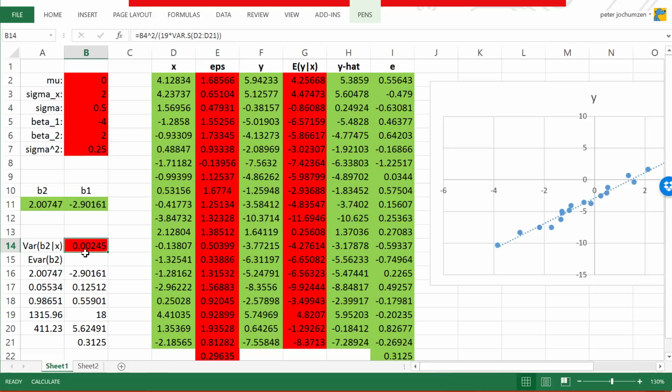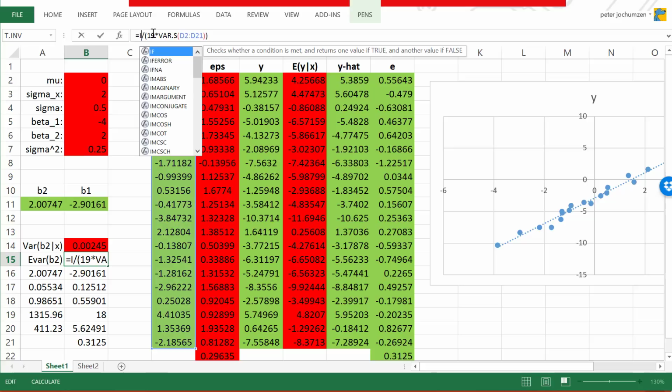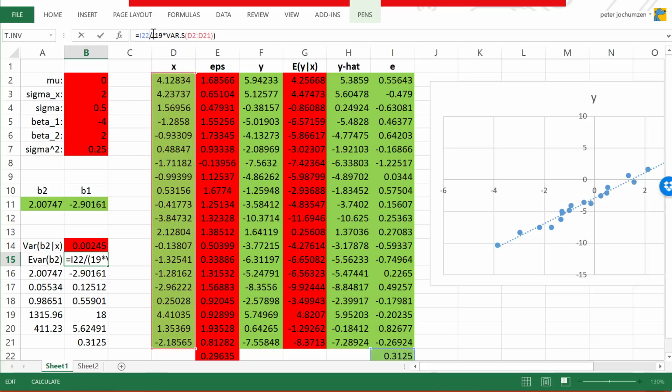Put it here, Control C. The thing I need to do is to change this from sigma squared to S2. And S2 is in the cell I22. Well, we also have it in cell B21. Use whatever you want.